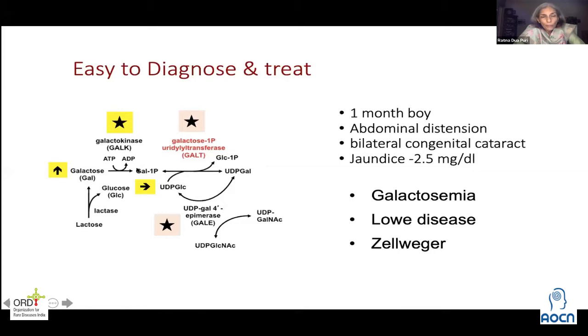So it's important, before we change the diet of the patient, to do the metabolites of galactose and galactose 1-phosphate, because with this you would be very sure that there is galactosemia because of deficiency of GALT. And in case galactose 1-phosphate is normal and galactose is high, and there is an isolated cataract, you know that you're dealing with galactosemia. Without a complete workup, you would miss many things.